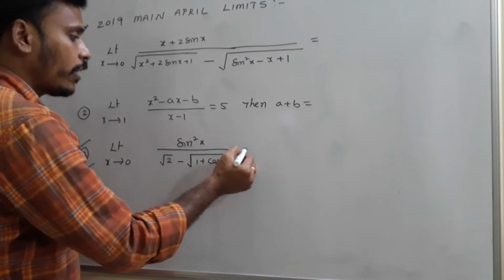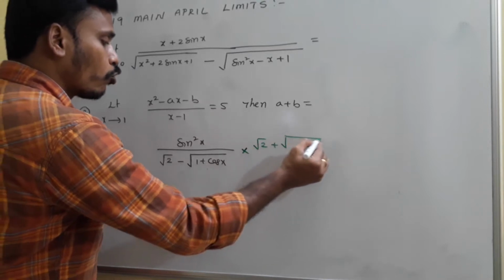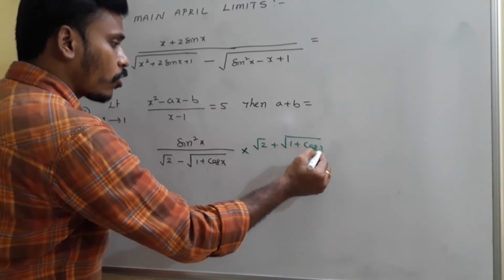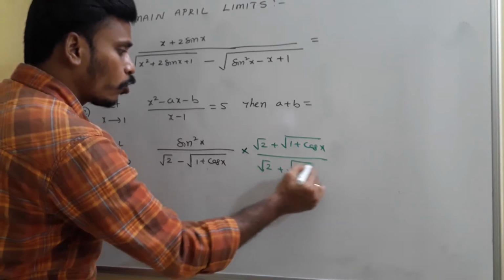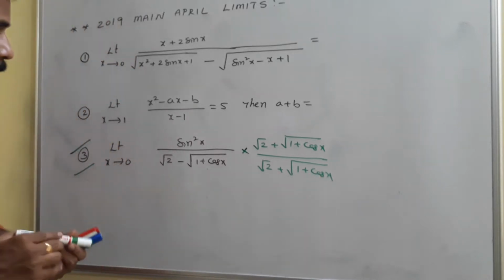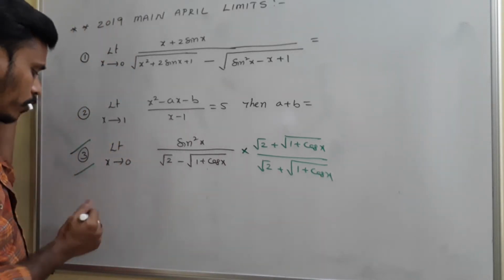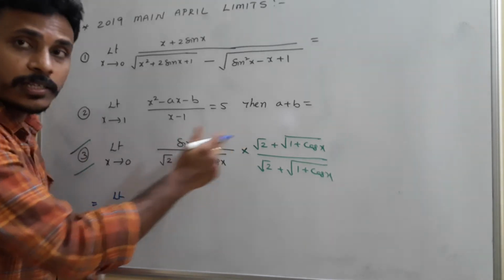Now I am moving with the rationalization. You just multiply the numerator with root 2 plus root of 1 plus cos x, and the denominator with root 2 plus root of 1 plus cos x. So now simply this is equal to limit x tends to 0. What is the numerator?